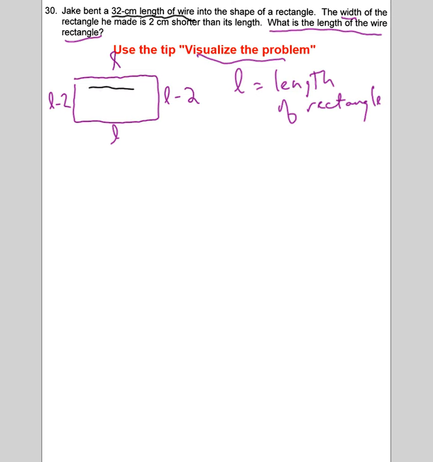So that means that this whole thing all the way around is 32 centimeters. And this is what I'm explaining to you is literally how I think through a problem like this. So it's the order that I think of it in. And so now I feel like I have enough information to write an equation for the situation.